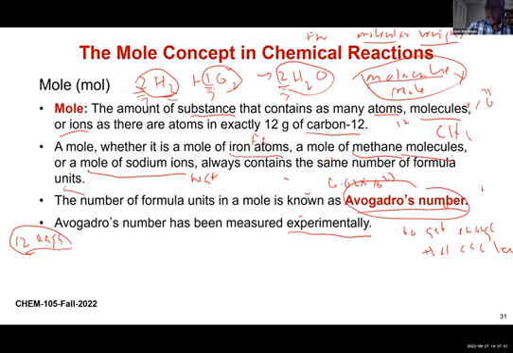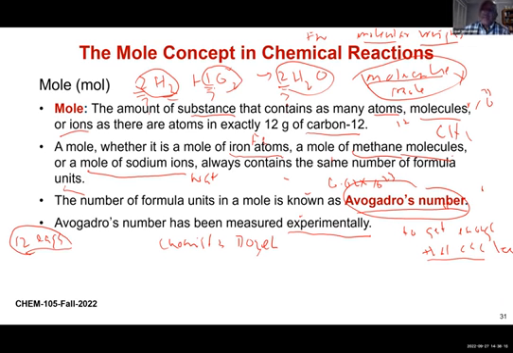So we count atoms by Avogadro's number. Therefore, Avogadro's number is also called the chemist's dozen. It's a quantity large enough so we can handle chemical reactions.